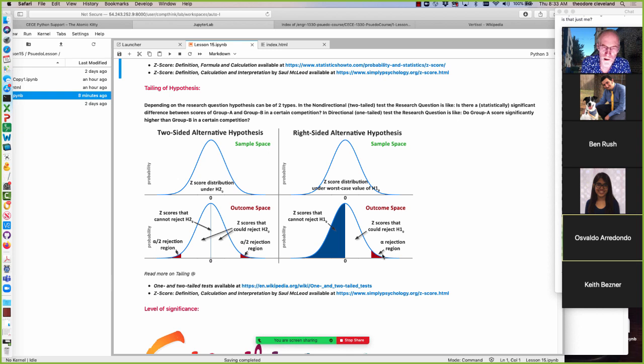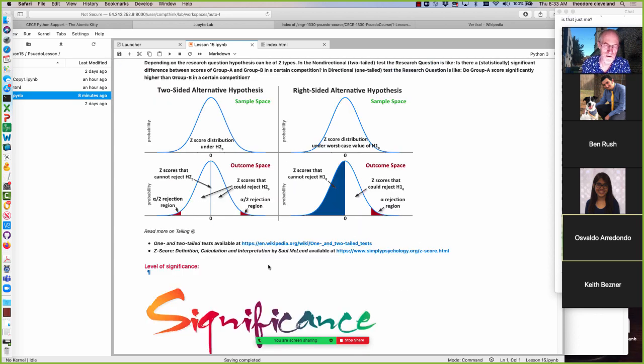If all we want is a suggestion of difference, we could accept a higher alpha value, and in doing that, we will entertain the probability of a higher level of mistakes.